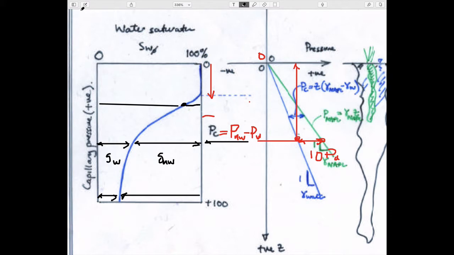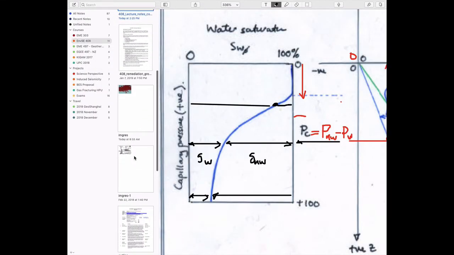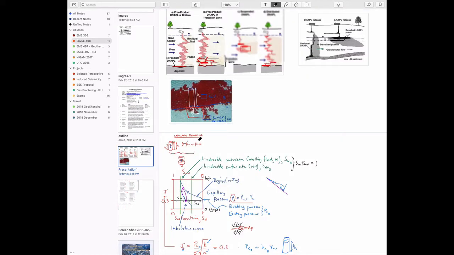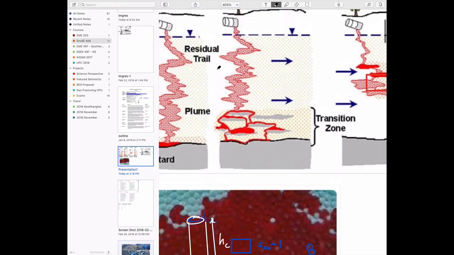And it doesn't look so different, I hope, to the behavior that we've seen here, in that if you zoom in on this and you go down, you have some small saturation here, and then when you have this height of capillary pressure above it, you have a high saturation in these lower parts, where you have a big column that's able to saturate it at high saturations, whereas here you saturate it only at relatively low saturations.